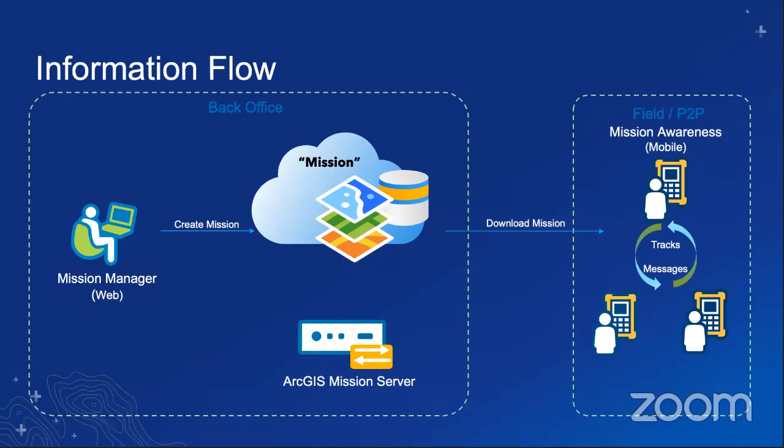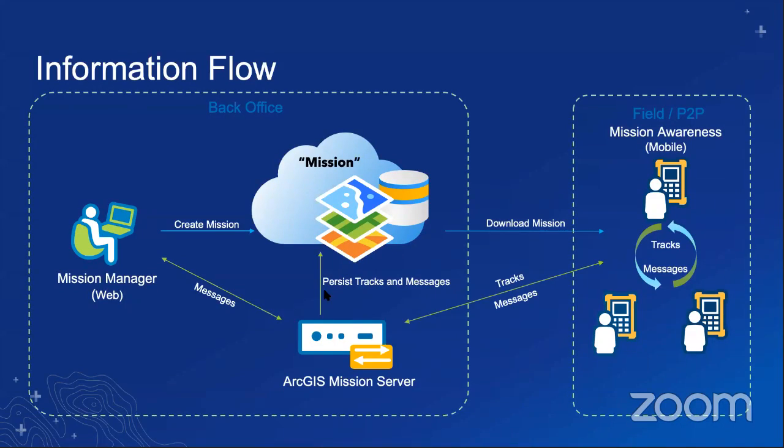Those tracks can be viewed from the back office as well as from the field. These tracks, as I mentioned earlier, are facilitated by ArcGIS Mission Server. So they are sent to the server, and the messages are also sent to the server and then to the mission manager or the commander.